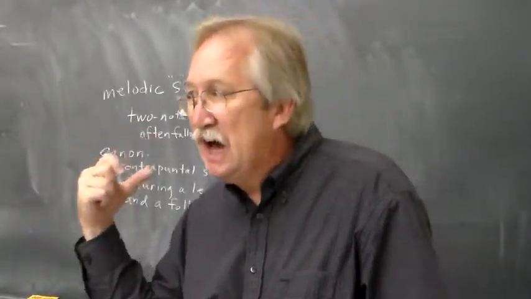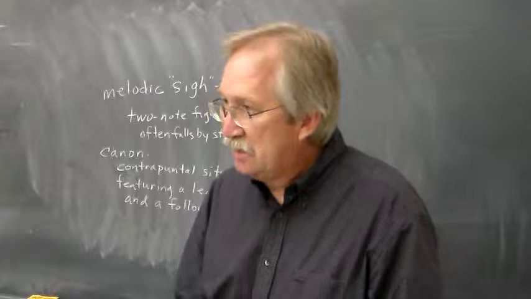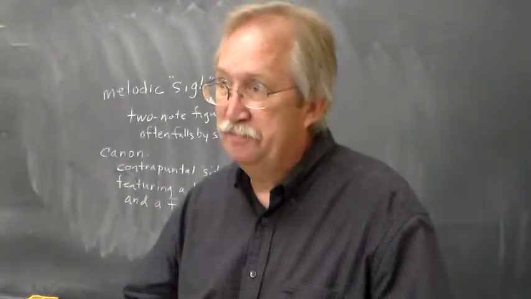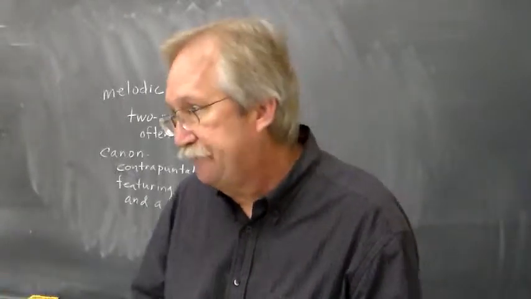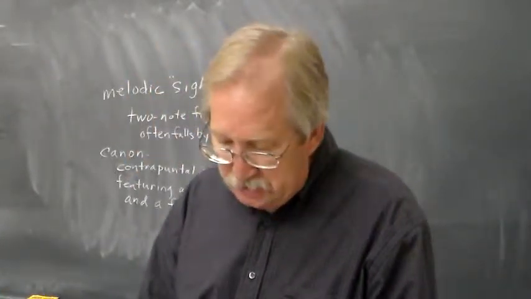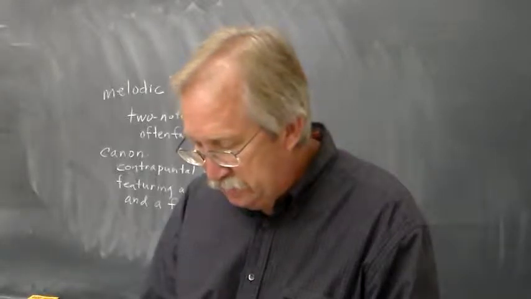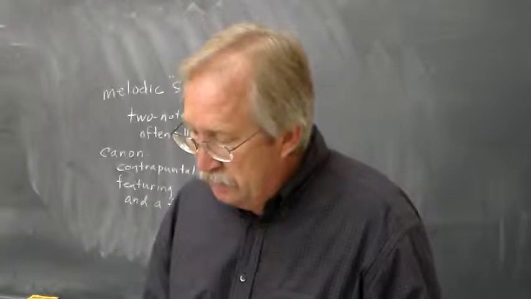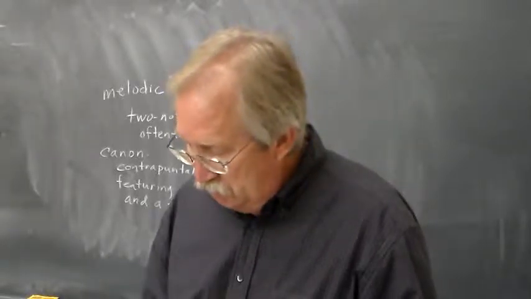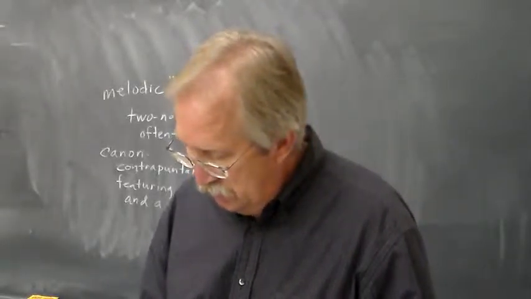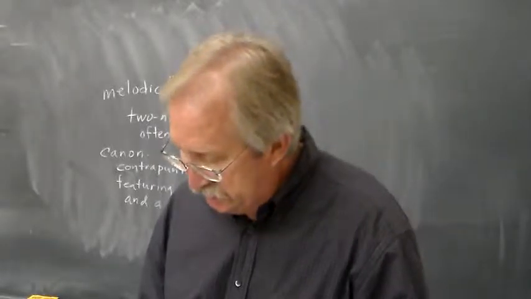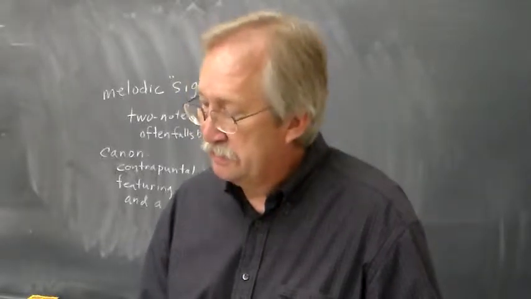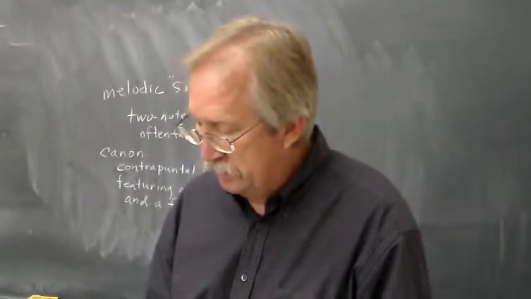So you use the term canonic to refer to a canon-like passage within a work that's not a canon, but it's just a passage that resembles a canon, okay? So this starts out with that canonic relationship at the beginning based on motive 2. Then when you get to measure 156, what does Mozart present in the strings, in the first violins?